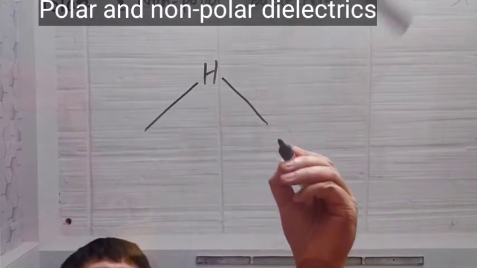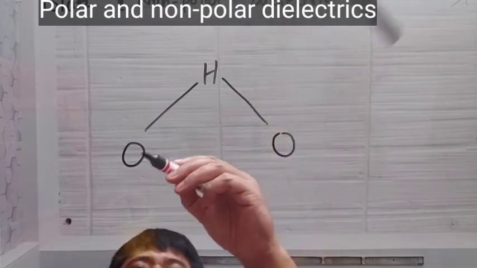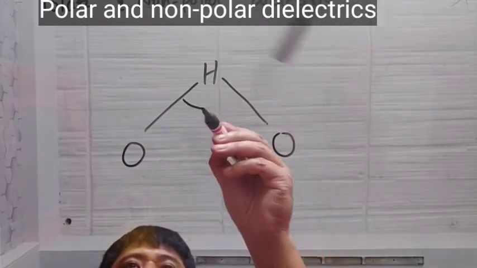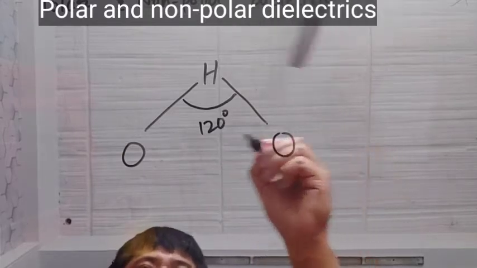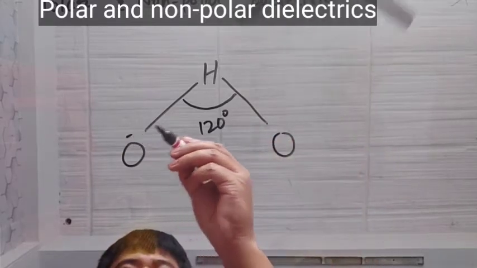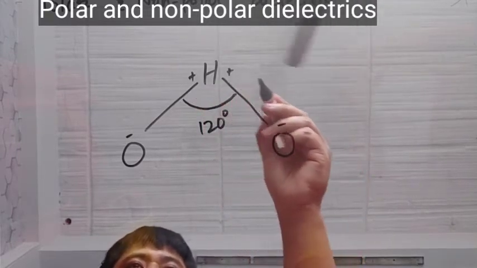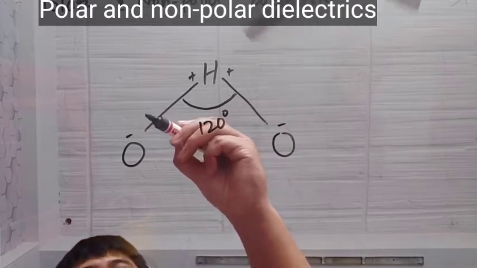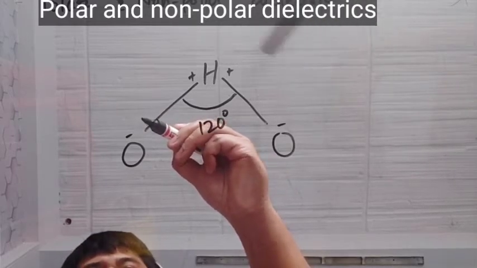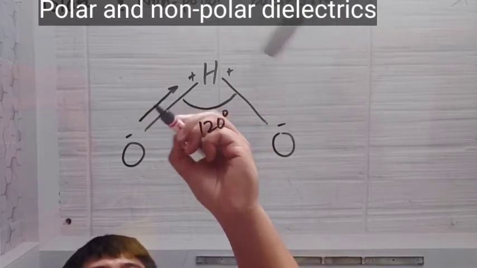We have two OH bonds making angle 120 degree. This side will be electronegative, this side will be electropositive. And we know that the direction of the dipole moment is from negative side to positive side.